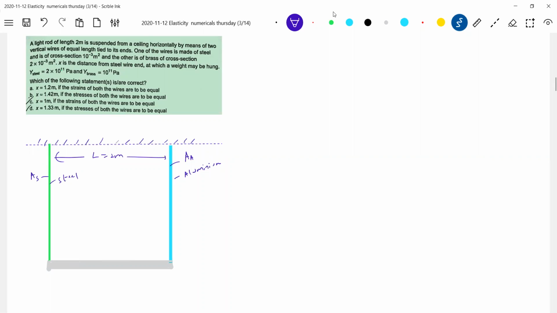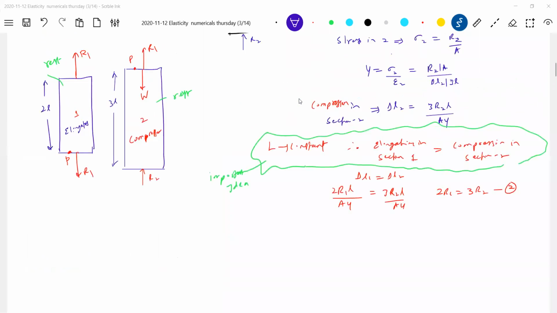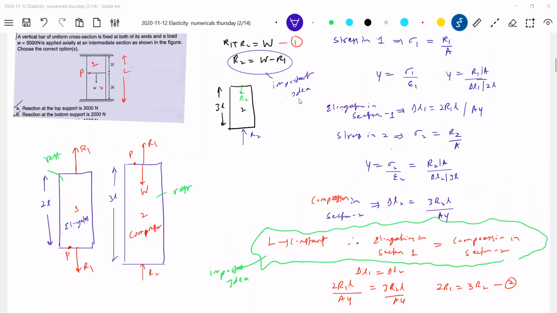Read the question. Okay, I'll give time. Just analyze. They're equal, no. Elongation in section 1 is equal to compression in section 2.